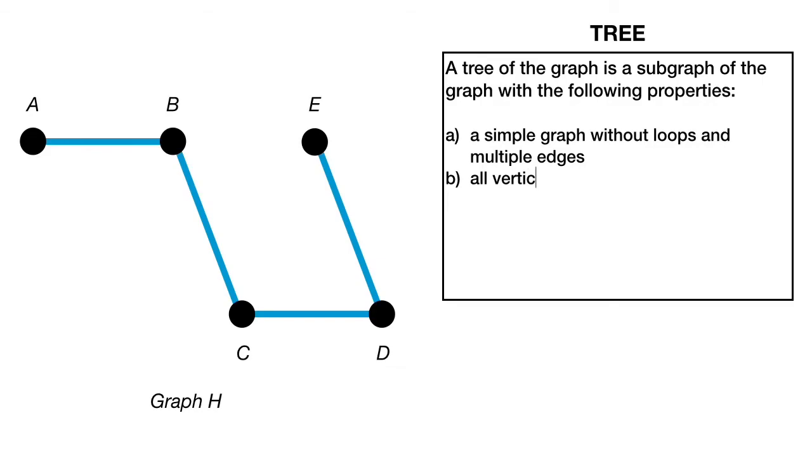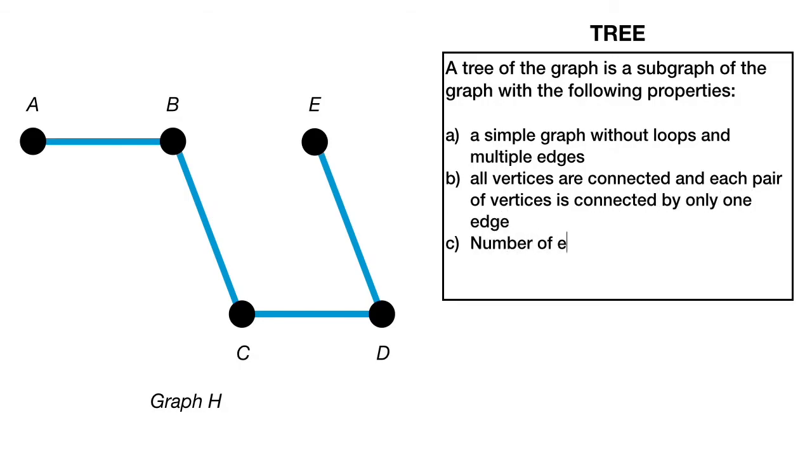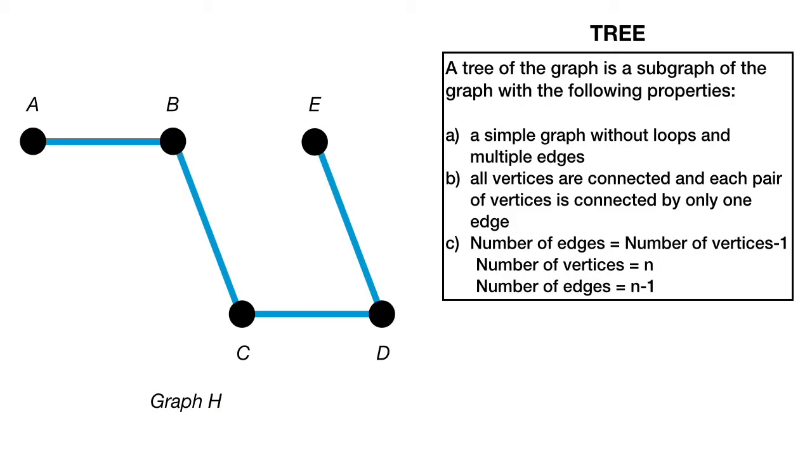Number 1, it must be a simple graph without loops and multiple edges. All vertices are connected and each pair of vertices is connected by only one edge, and the number of edges is equal to the number of vertices minus 1.